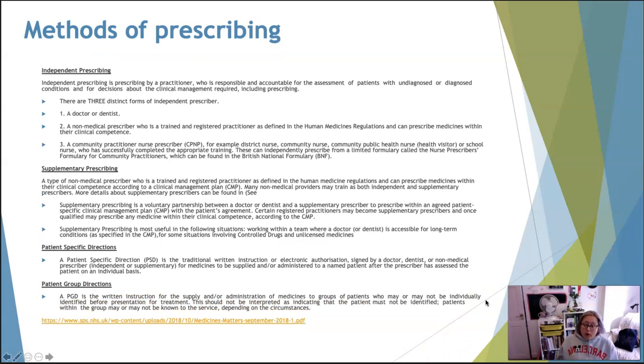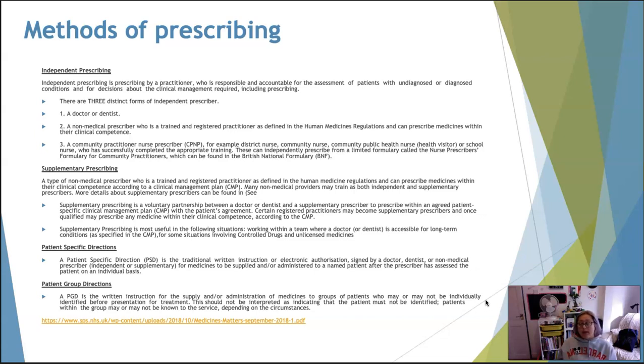So again, I know you're not always part of some of these prescribing processes, but there are several different ways that patients can have medication prescribed. So it might be that they're having it prescribed from an independent prescriber.